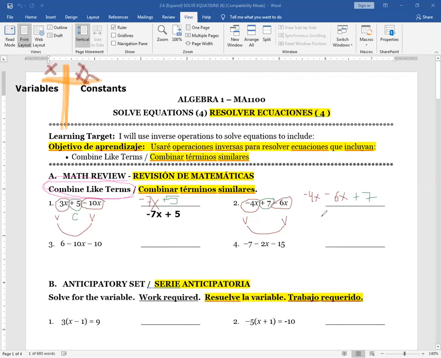Negative 4 minus 6 is going to give you negative 10x. And what is our constant again? 7. Plus 7. So that's our answer. If we want to type it out in a text message, we'll put negative 10x plus 7. Good. So we have the answers to those first two.